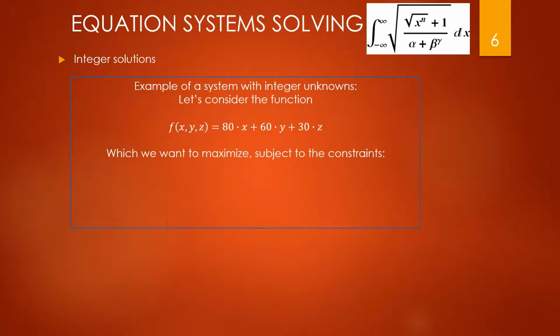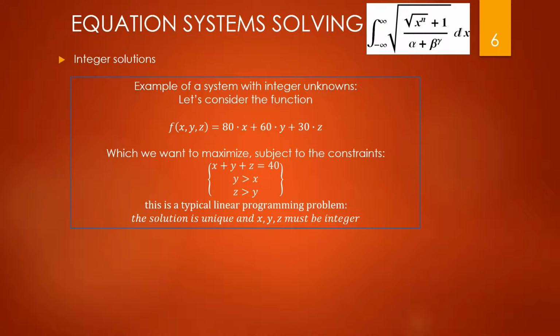This is a linear function, and we need to maximize it subject to the constraints that the sum of the variables must be equal to 40, and then we have two inequalities: y must be greater than x and z must be greater than y. This is a typical linear programming problem where the solution is unique and the variables must be integer.